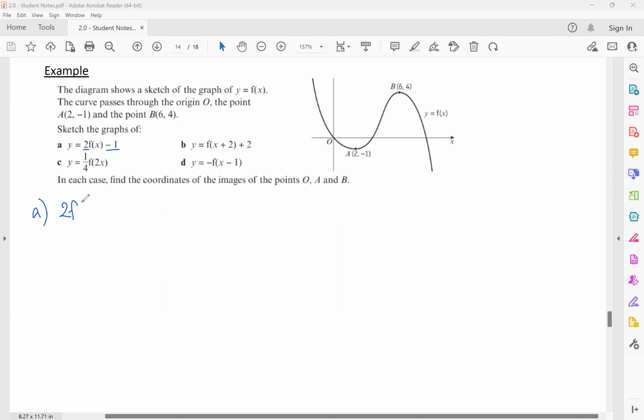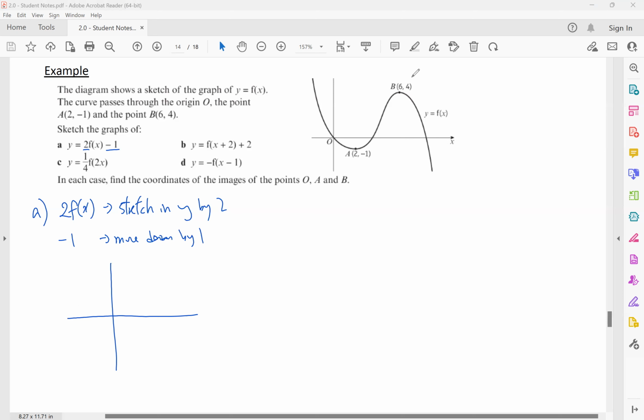So 2f(x) means we stretch in y by 2, and then the minus 1 means we're moving down by 1. So in that case, your answer would be, stretch y by 2 means all the y coordinates you have to multiply by 2. The minus 1 becomes minus 2, the 4 becomes the 8.